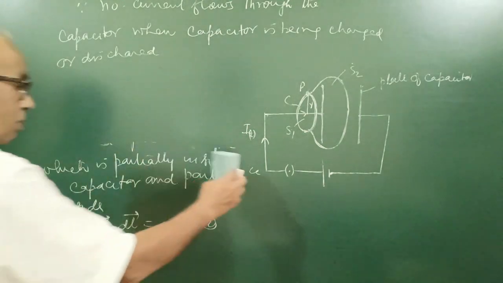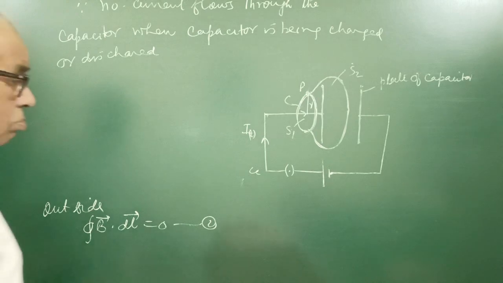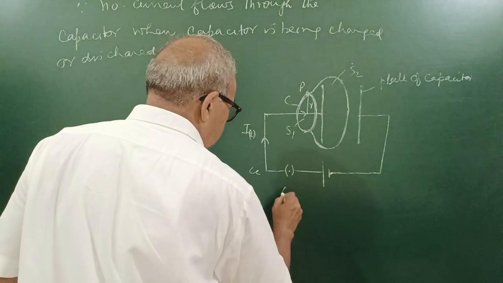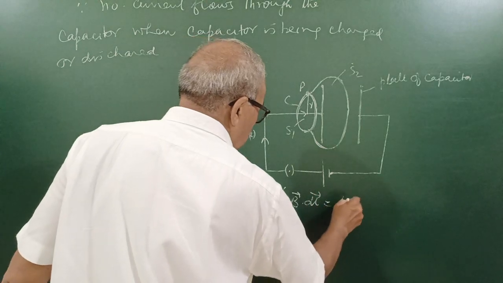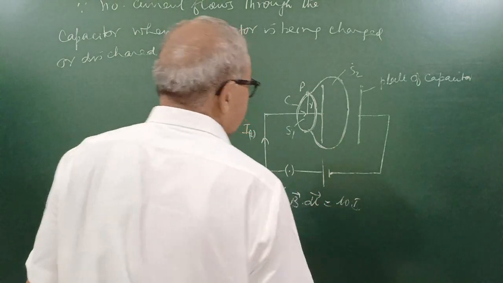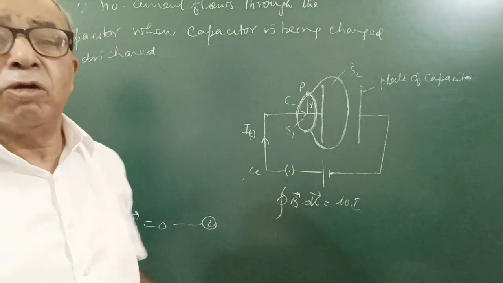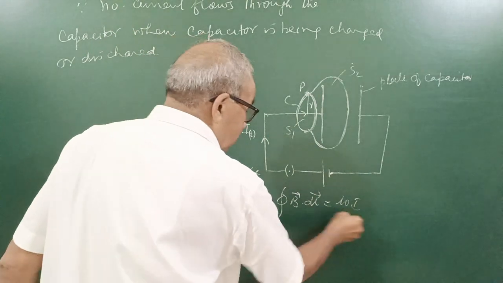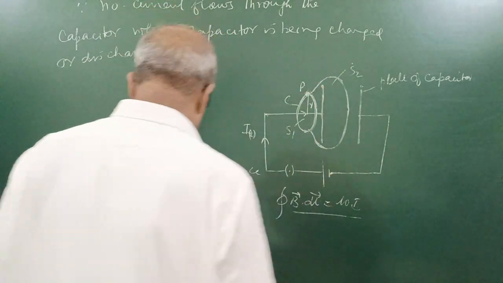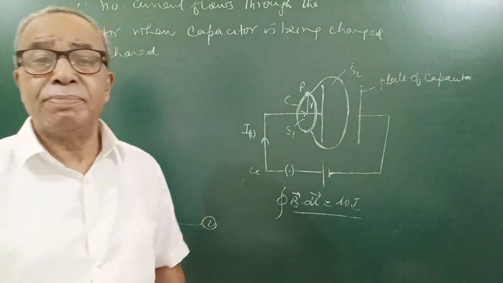So what I mean, our equation 1 is B dot dl equals mu 0 I. If I is there, then there is a magnetic field at P. The question is of finding the magnetic field at P. This equation tells us there is a field. While if there is no current, then no magnetic field.